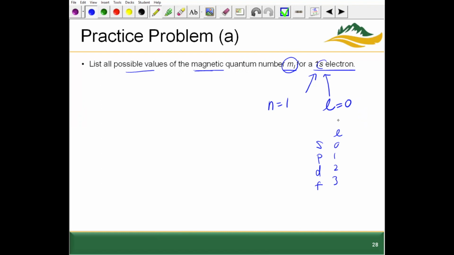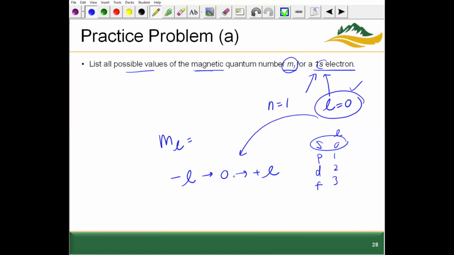Right, so s is when L is equal to 0. M sub L can be -L through 0 through positive L. When L is equal to 0, the only possible m sub L value is just 0. We don't have -0 and +0, so we just have a possible m sub L value of 0.